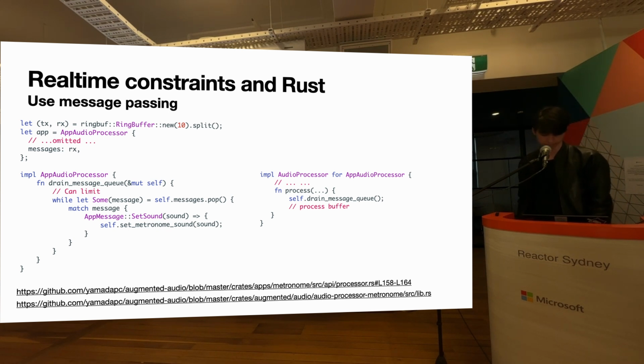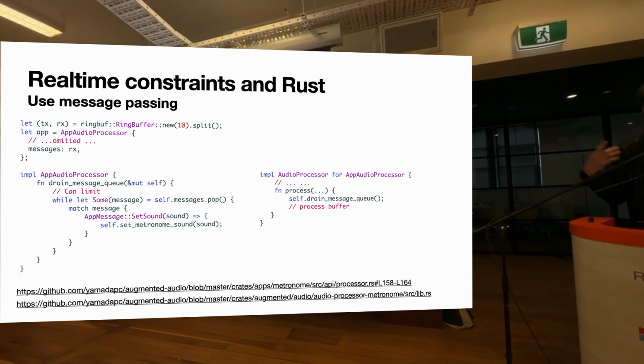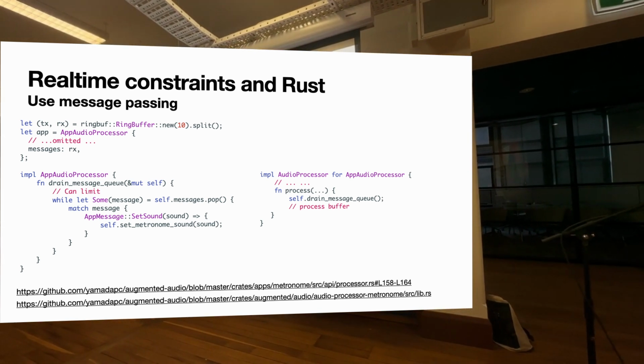And so this is code from one of the apps, where some message gets sent to the other thread, and when the callback starts, the processor will drain that message queue and do whatever it needs to do with the message.